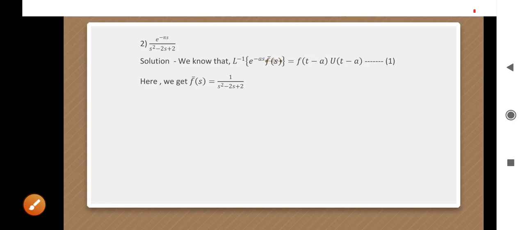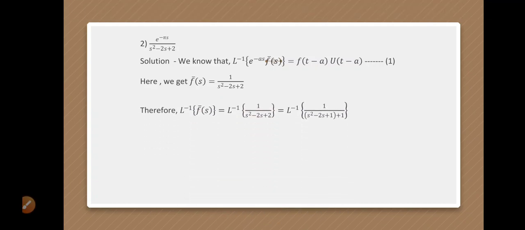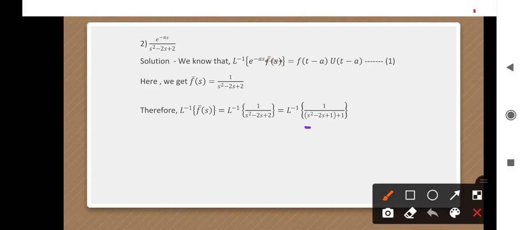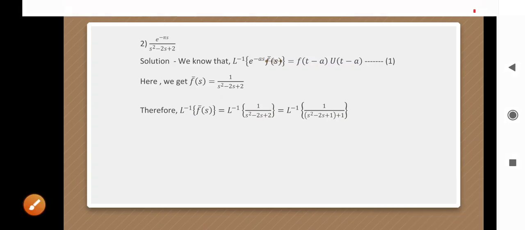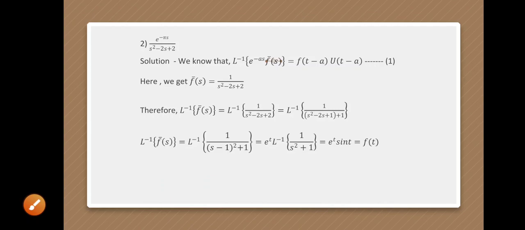So first we will write this in perfect square form as s square minus 2s plus 2 can be written as s square minus 2s plus 1 plus 1, so that these three terms inside a round bracket can be written as 1 upon s minus 1 bracket square plus 1.